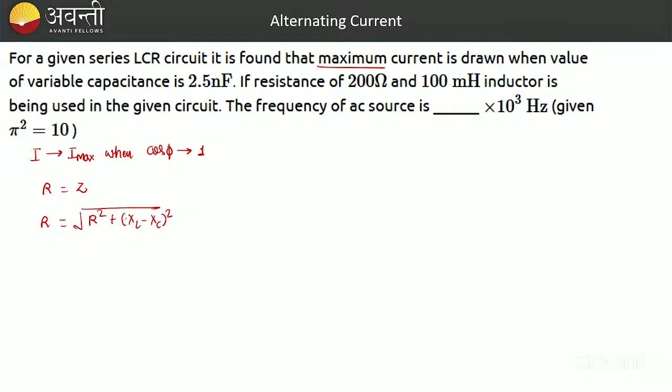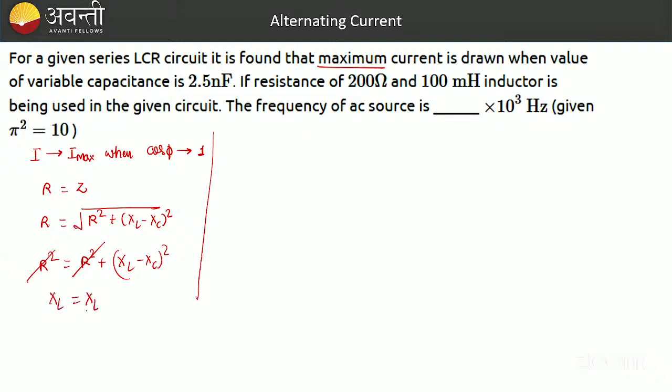Squaring both sides, it becomes R square equals R square plus (XL minus XC) whole square. This is one of the methods. यहाँ से R square will cancel out. Then you can say XL is equal to XC.